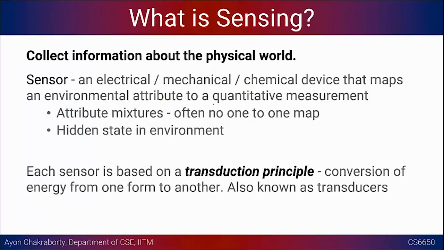Note, this is very important. Whatever you want to sense, at the end of the day, you have to convert that into some kind of an attribute that can be measured. It has to be a quantitative measurement. If we say how hot a surface is, you have to have a quantitative measurement for that, otherwise you cannot really do any computation on top of that.